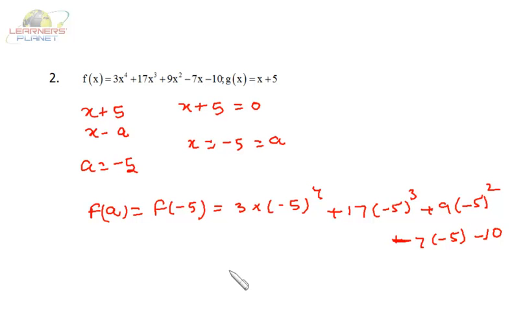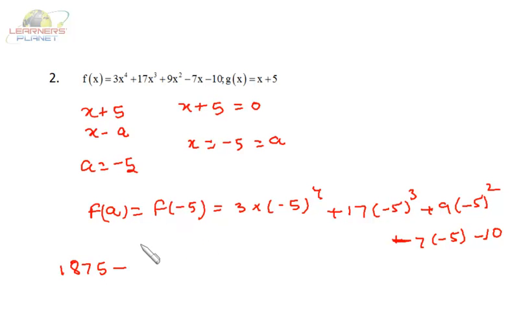Now we have to calculate this. So (-5) raised to 4 is 625. So it is 3 into 625, that is 1875. So it's 1875 minus, it's 17 into 125, and it will be negative since negative raised to 3 is there.